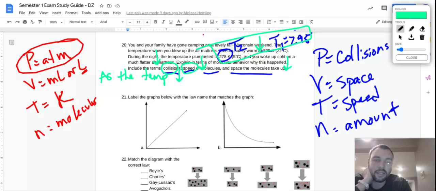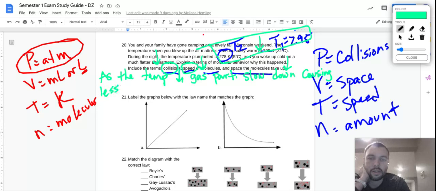But as the temperature decreases, gas particles slow down, causing less collisions. Okay, so there are less collisions now because the particles are slowing down. Okay, so we used collisions and we used speed. Well, as the temperature goes down, gas particles slow down.